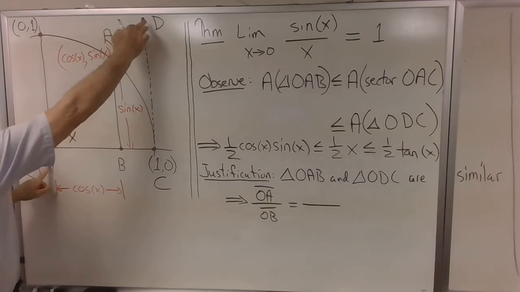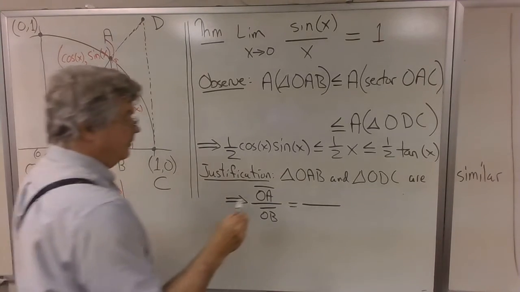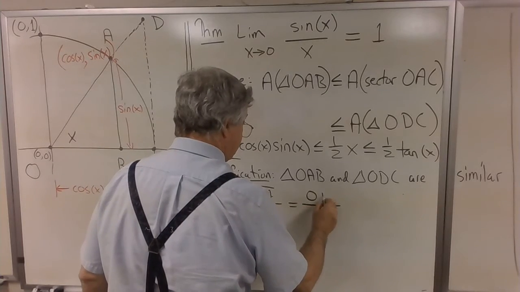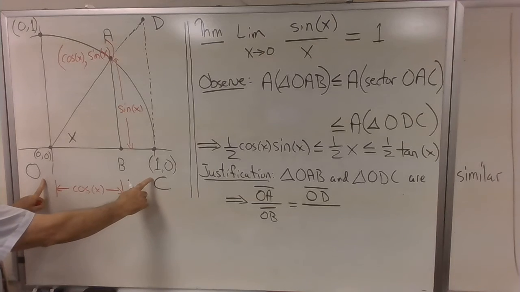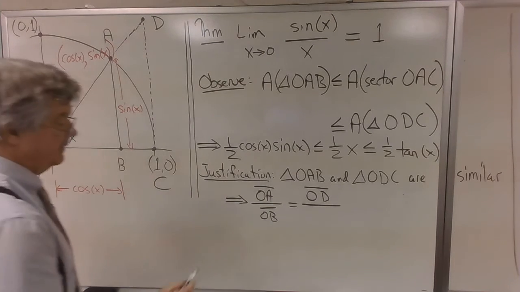So the hypotenuse is OD, and the horizontal leg is OC.